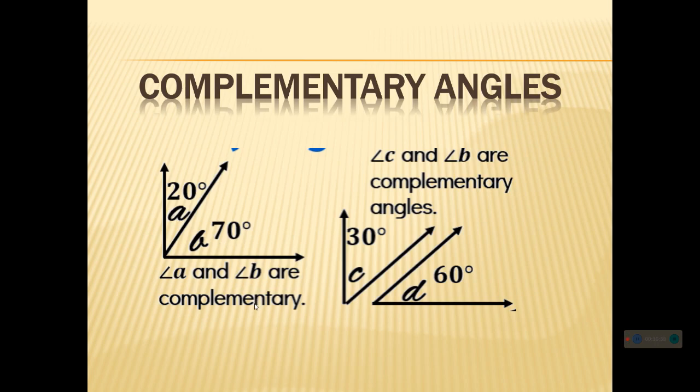Angle A and angle B are complementary because angle A is 20 degrees, angle B is 70 degrees, so 20 plus 70 is 90. Another example is angle C and angle B here: 30 degrees plus 60 degrees is also 90 degrees. I have a typographical error here, so this may be angle D.